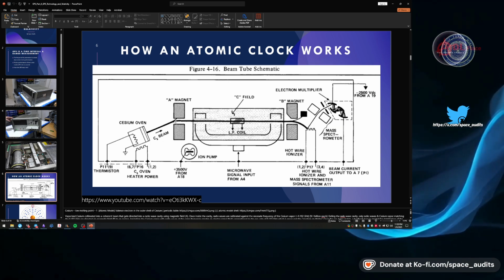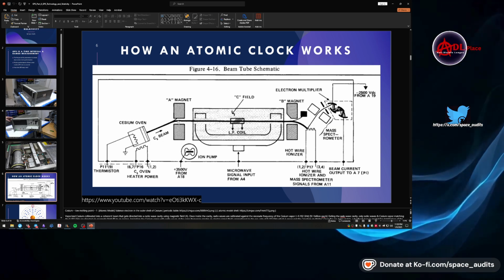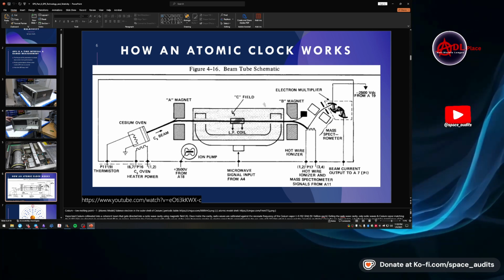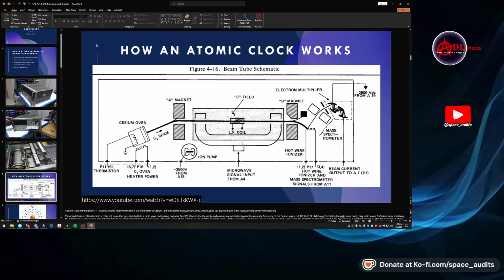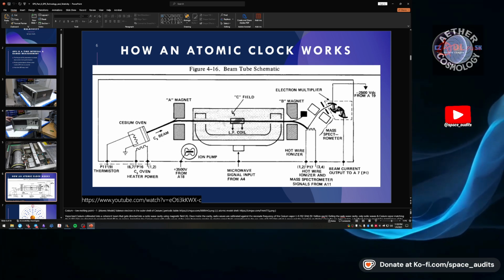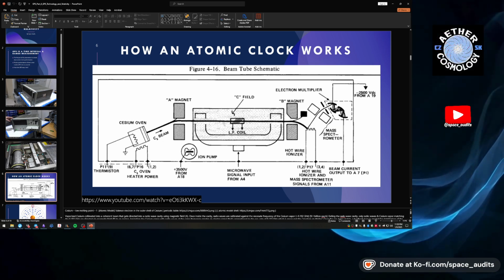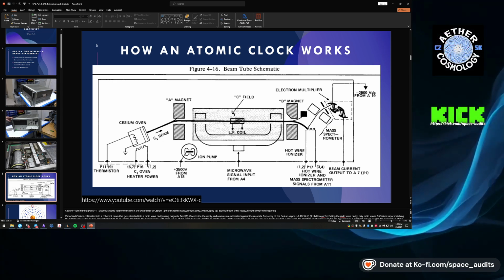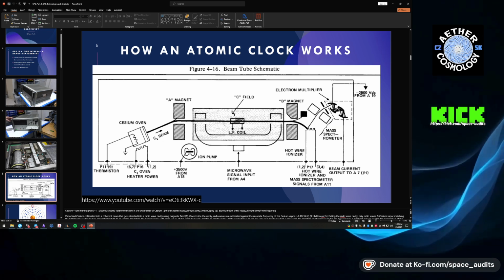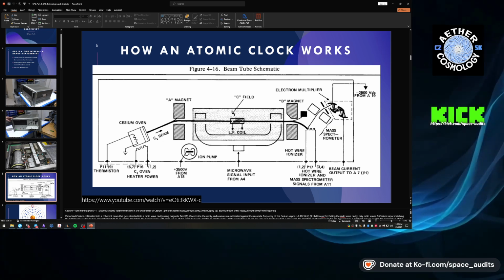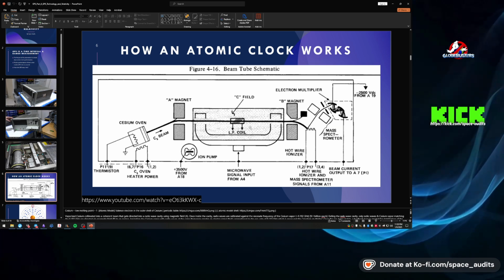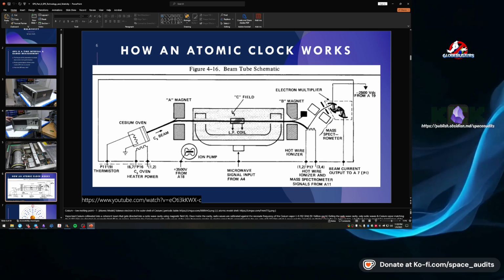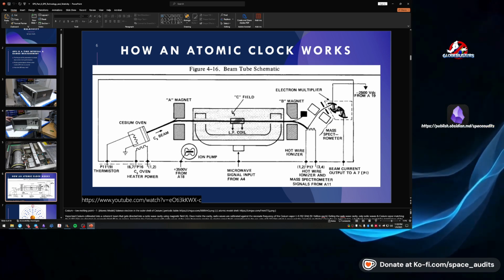Anything of that frequency goes through that magnetic field and gets sent into this chamber here, where radio frequencies are introduced to the cesium. Once they have a radio frequency that matches the cesium, and they have that matching signal, they exit this microwave chamber through another magnetic field that maintains that same rate.